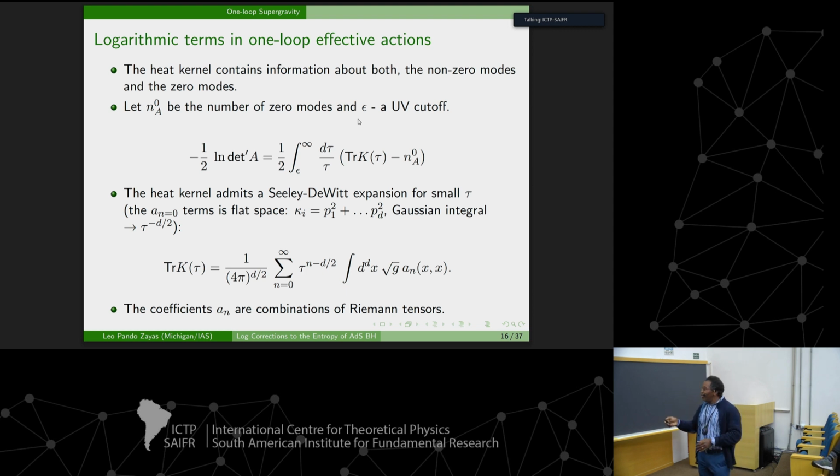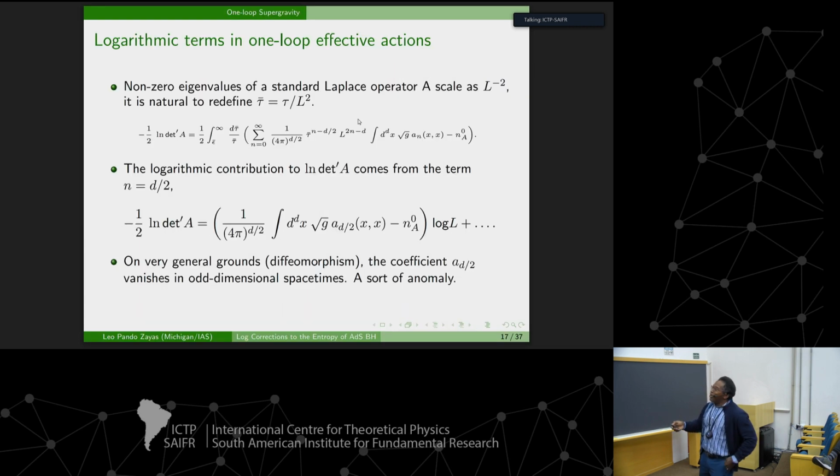You integrate them, you get the first term. But there's an expansion, and that expansion has been discussed for a long time in the math literature. The important thing is that we know this for sure, and we know these coefficients: they are combinations and contractions of Riemann tensors. So I can control my computation with this expansion.